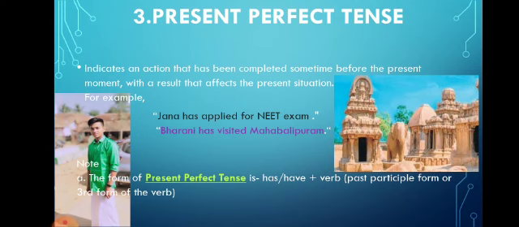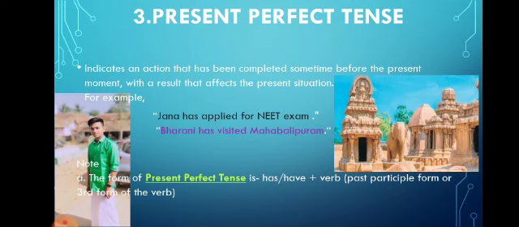The form of present perfect tense is has or have plus verb. The verb will be in V3 form, past participle form. What is the past participle form of go? Gone. What is the past participle form of eat? Eaten. What is the past participle form of walk? Walked.